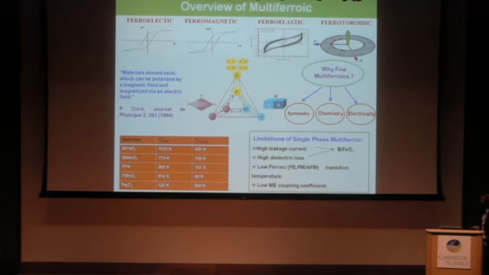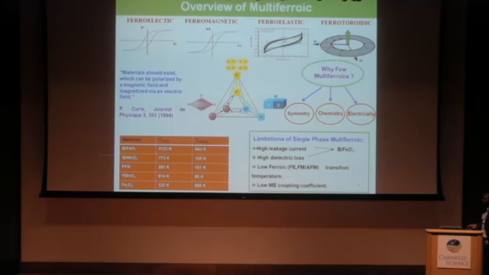Among all, only bismuth ferrite is known as a room temperature multiferroic material, but it is still not applicable for practical devices due to its high leakage current and high dielectric loss. The other multiferroic materials have either the ferroelectric or ferromagnetic transition below room temperature.